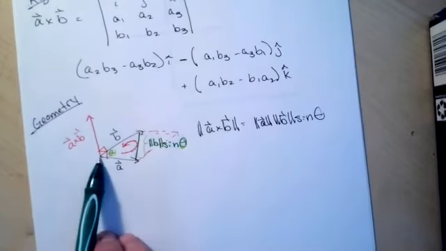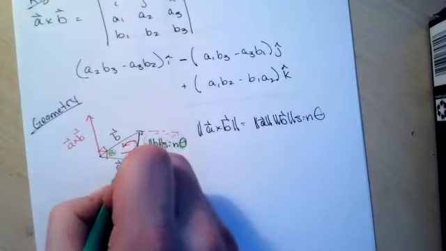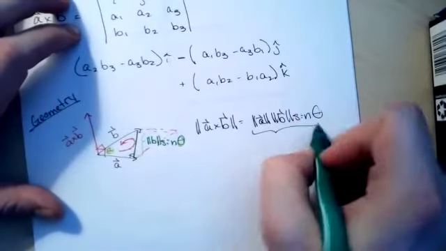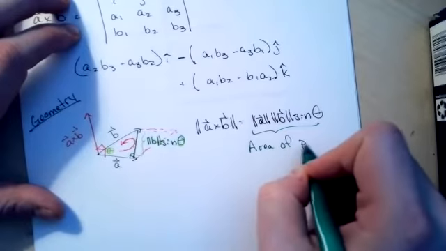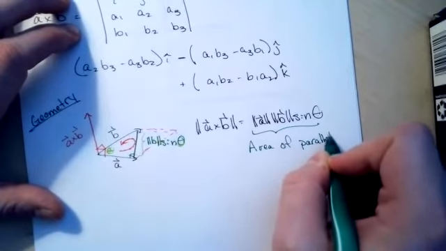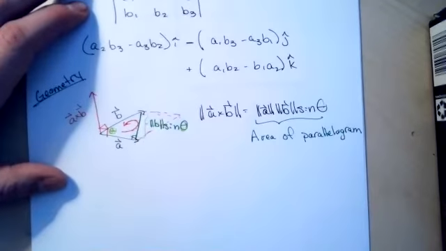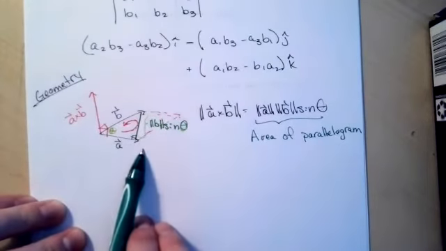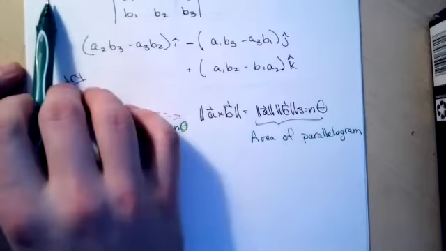And so what is the length of this, length of A, times this term here is going to be orthogonal to A. So this expression gives us the area of the parallelogram. So in magnitude, a cross product gives us the area of the parallelogram formed by A and B. Conversely, well, what is just the general cross product then?